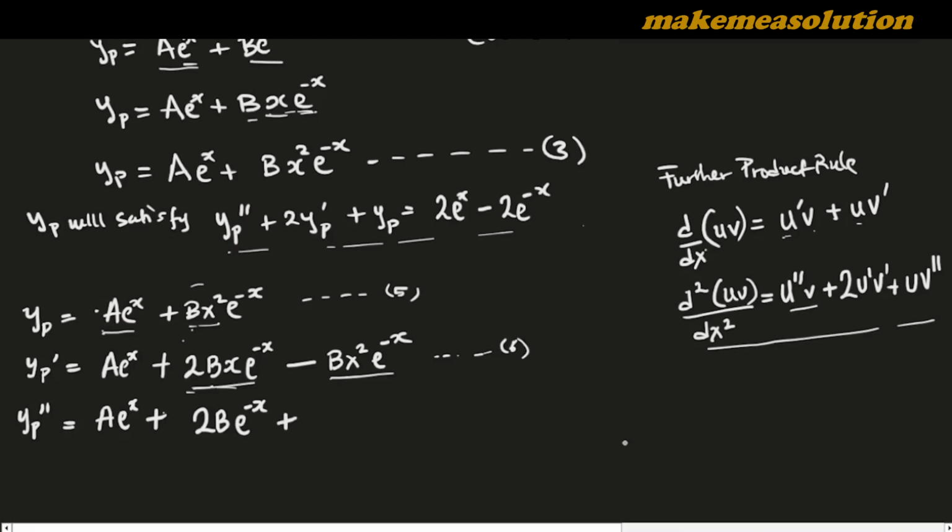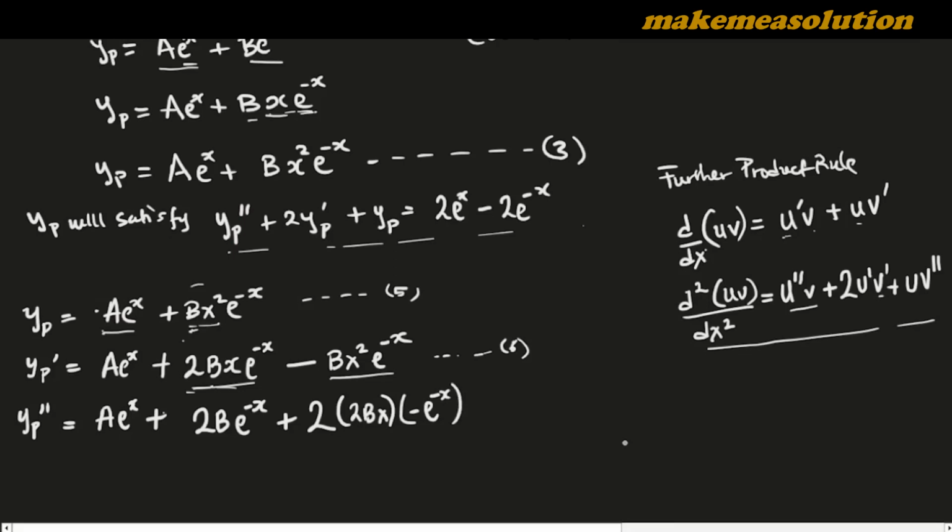Then I'm now going to go to the next step. So in the next term, I have 2. Then it says I should differentiate u once. So when we differentiate bx squared once, we're going to get 2bx. Then it also says differentiate v once. When you differentiate exponential minus x, you get negative exponential minus x.